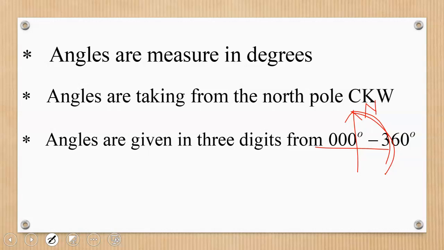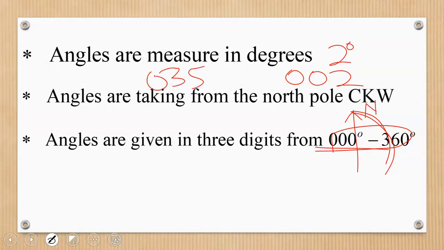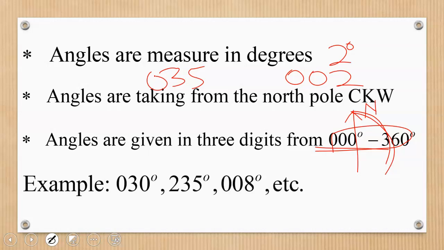And in this bearing, angles are taken in 3 digits. So if your angle is 2 degrees, you're going to write 002. And if your angle is 35 degrees, you're going to have it as 035. Okay, then again, in three-figure bearing, like we said, we take the North Pole and we go clockwise direction alone.